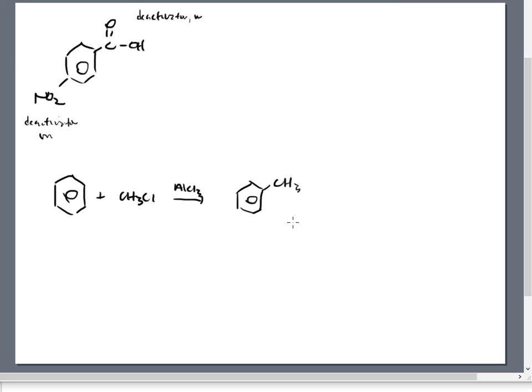Look at this group that's on the benzene ring right now. The group on the benzene ring is a methyl group. This methyl group is an activator. And that activator means that it's an OP director. And that's good, because that's what we need. We need something to go on para.